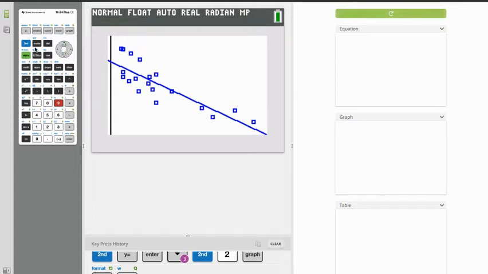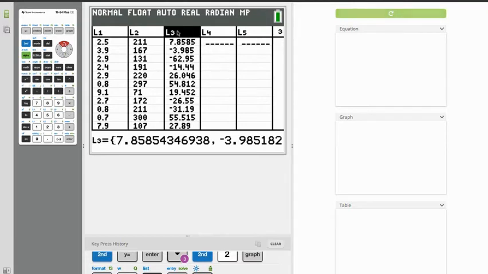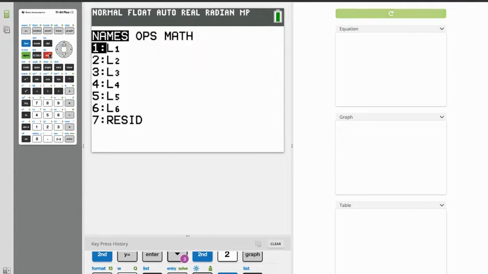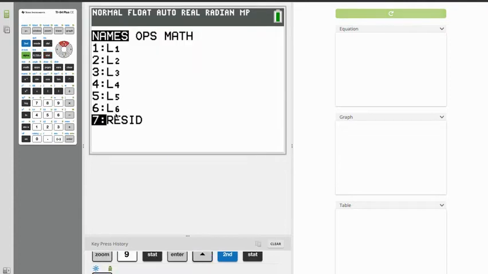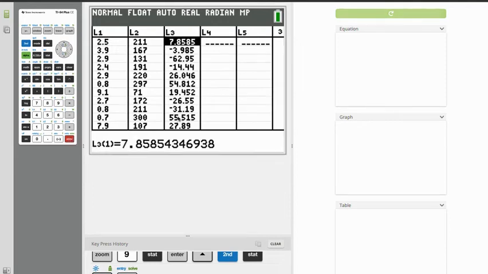Then we need to check the normal condition. To do that, you need to fill up a list with residuals. I already did that, but to do it, highlight list 3, hit second stat, and get to your residual list. Click enter, and it'll fill it all in for you.